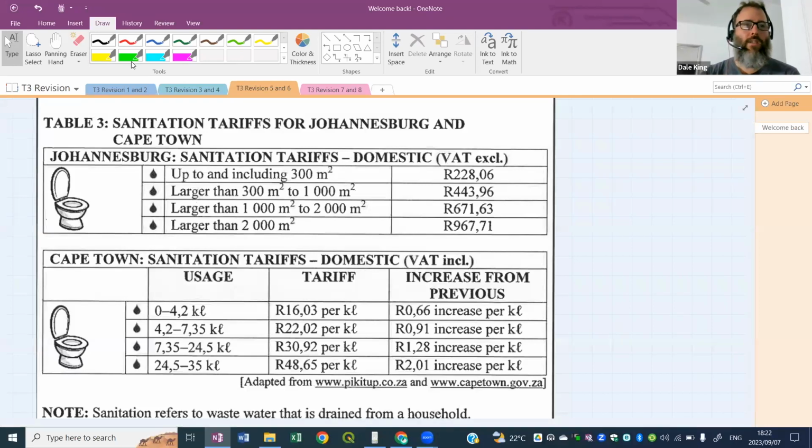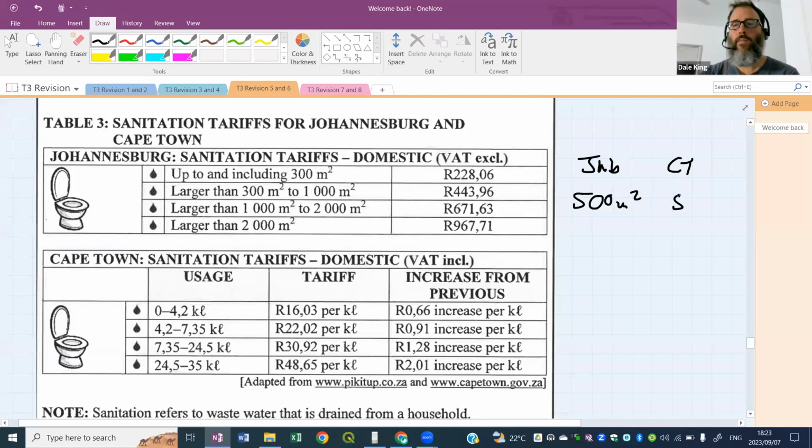So they said both houses, Johannesburg and Cape Town, are 500 meters squared. That's the size of their property. And they're both using 22 kiloliters. Ben, here's my question to you first of all. The Johannesburg one: we can see here that they base their tariffs on house or property area.